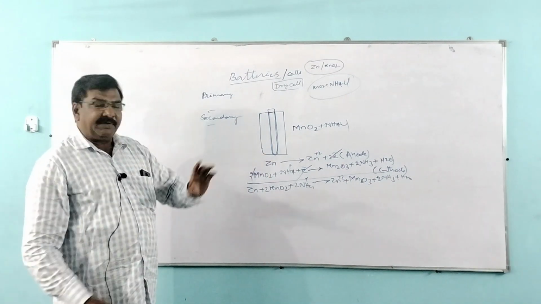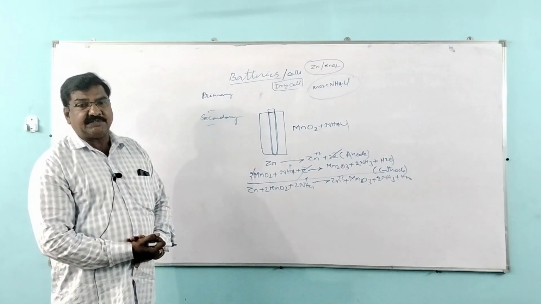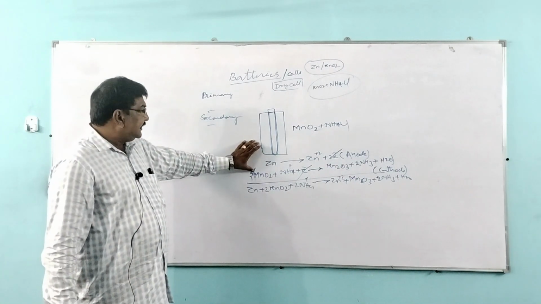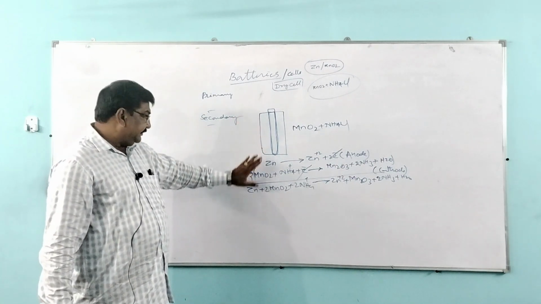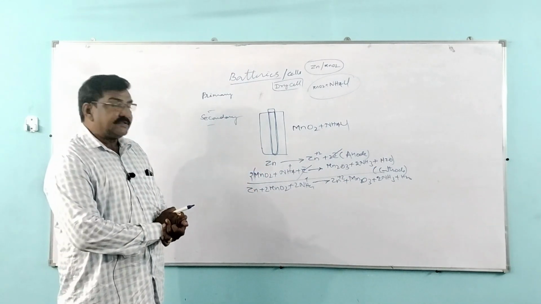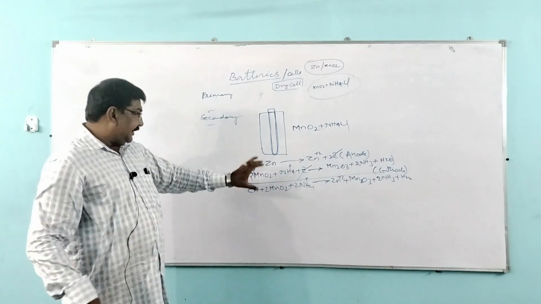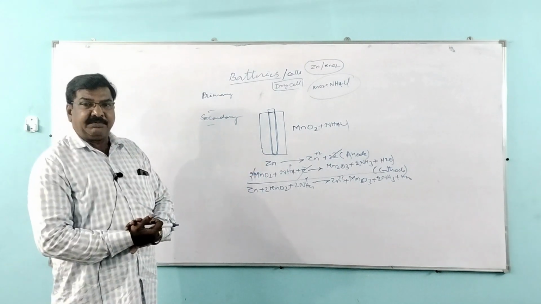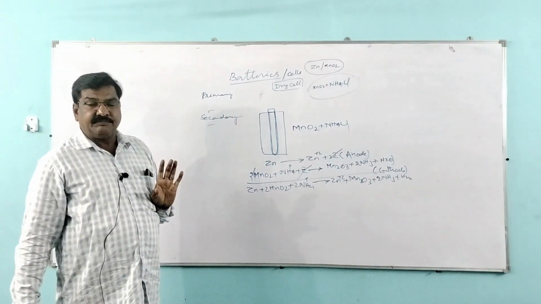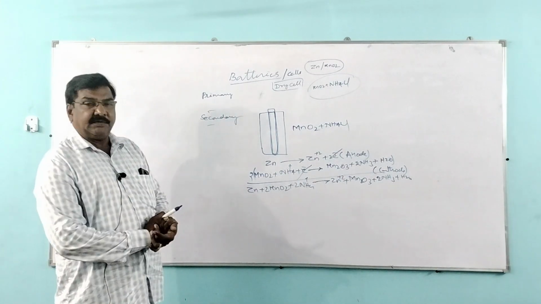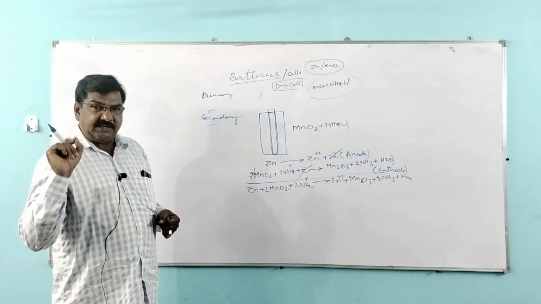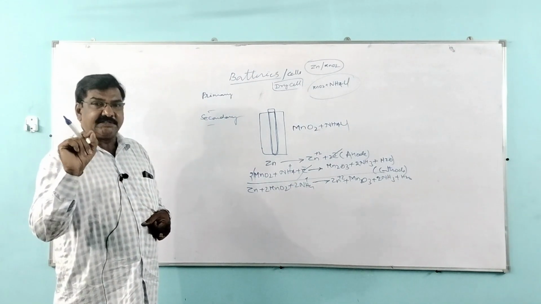It immediately combines with Zn2+ and forms a complex. As long as the Zn is present on this plate and MnO2 is present in the mixture, it works continuously. Once these chemicals are completely reacted, the cell will not work anymore. So that is the reaction of the dry cell. It is a primary cell which cannot be recharged after its discharge.